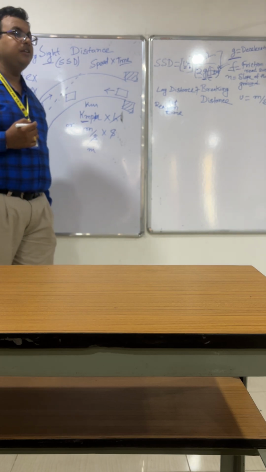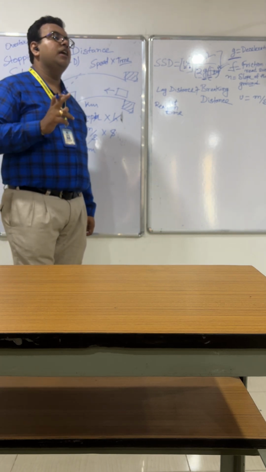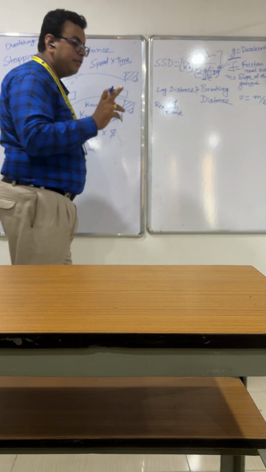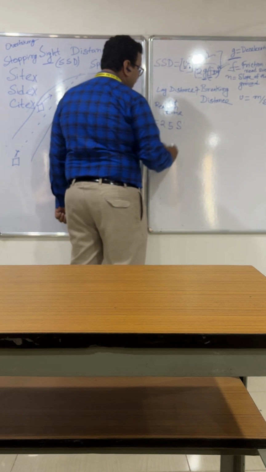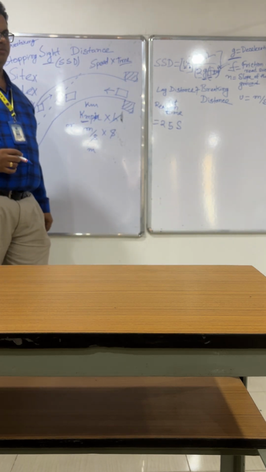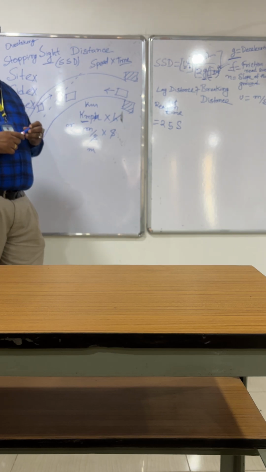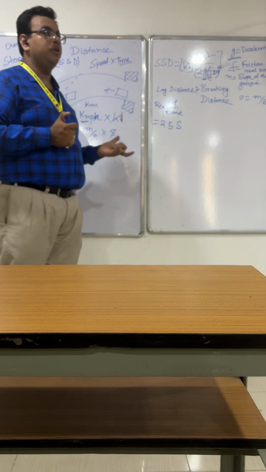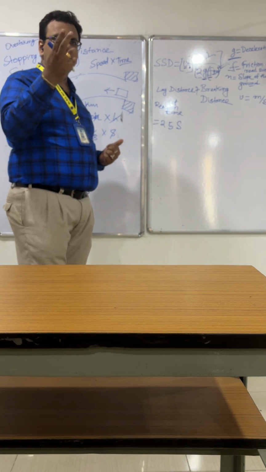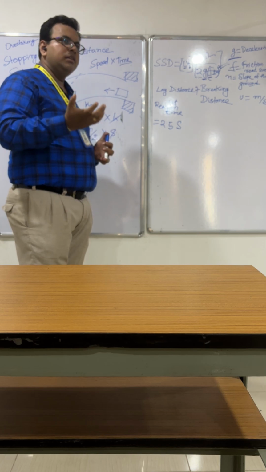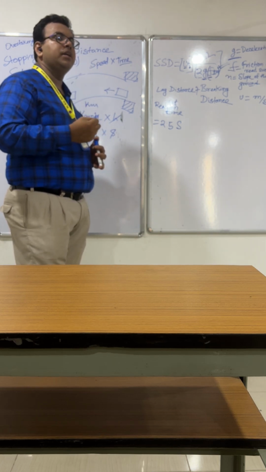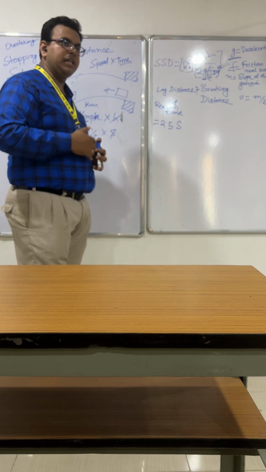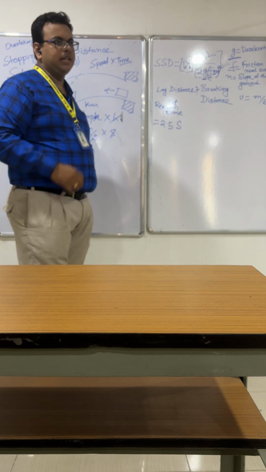But what we generally do, we take a standard value of reaction time as 2.5 seconds. Now, what actually happens in these 2.5 seconds? We see the object, and the decision of applying the brake will also be taken within these 2.5 seconds.